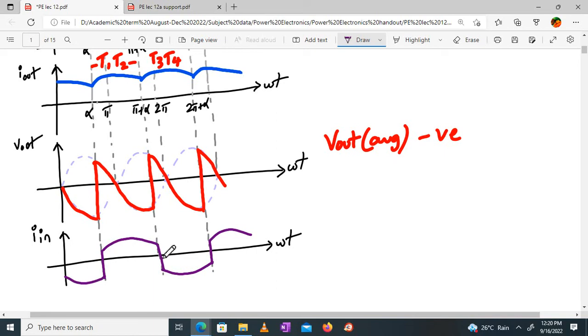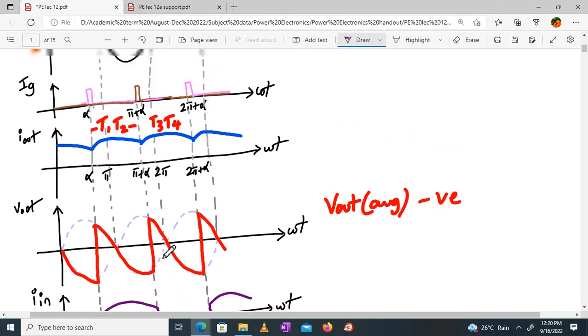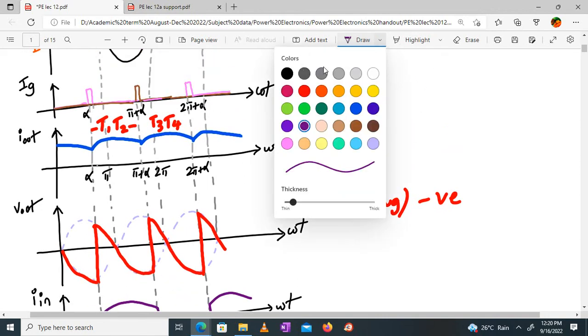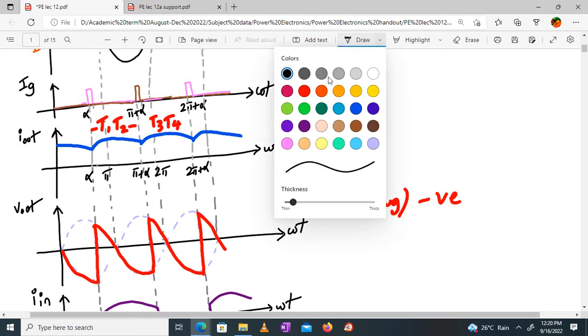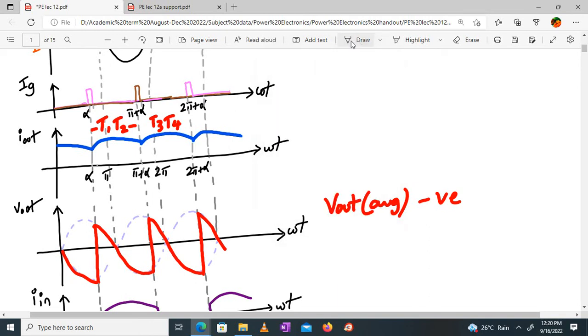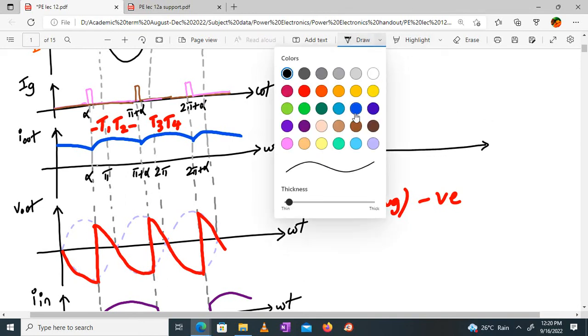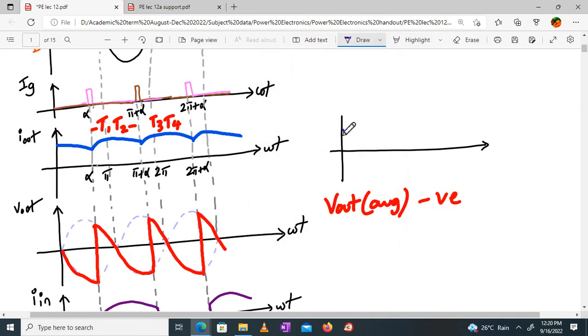And then the voltage across the thyristors you can draw on your own. Yeah? Now, let's consider an example. Listen for a minute, everyone pay attention. If my load current were constant, let's say instead of this it would have been constant, what would have been the difference?